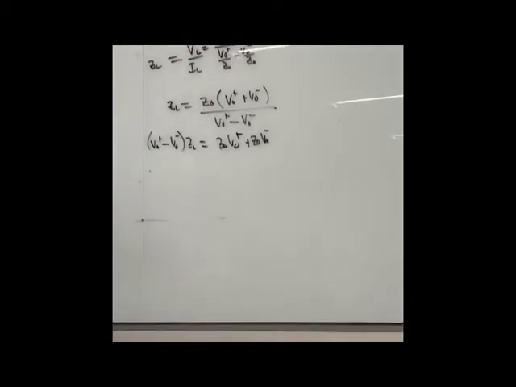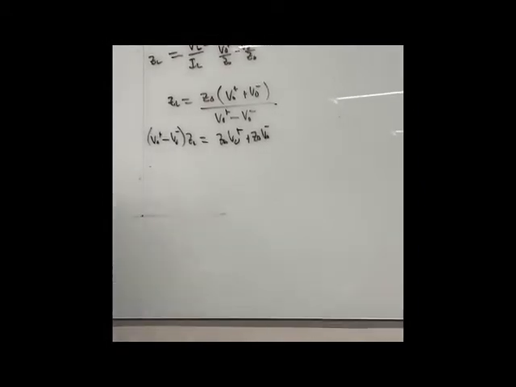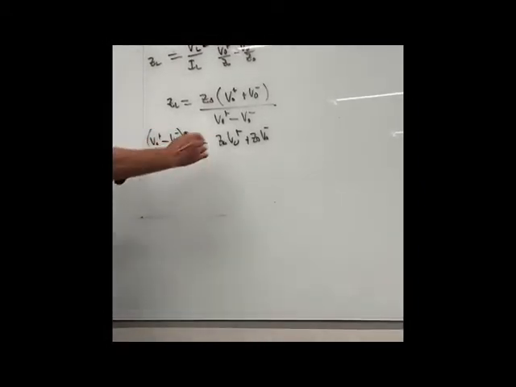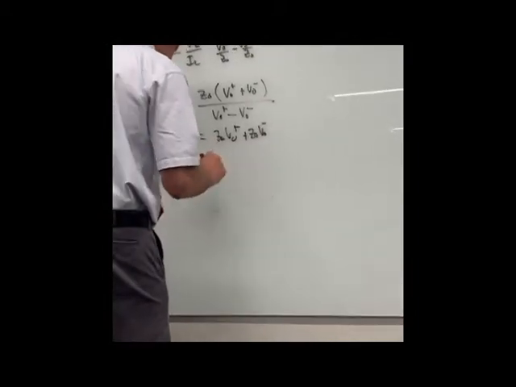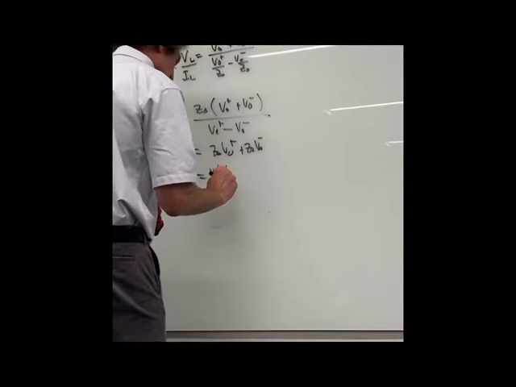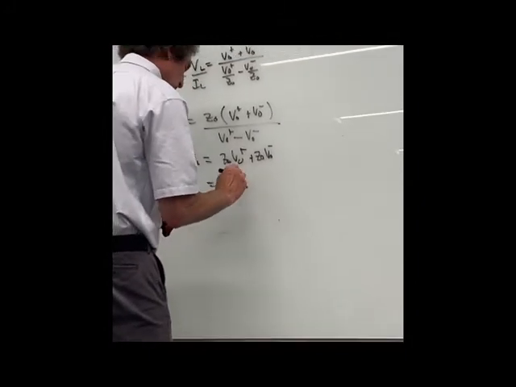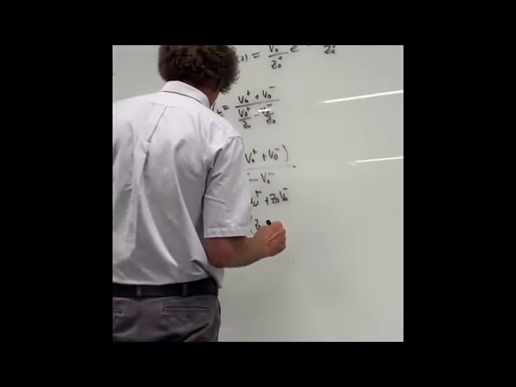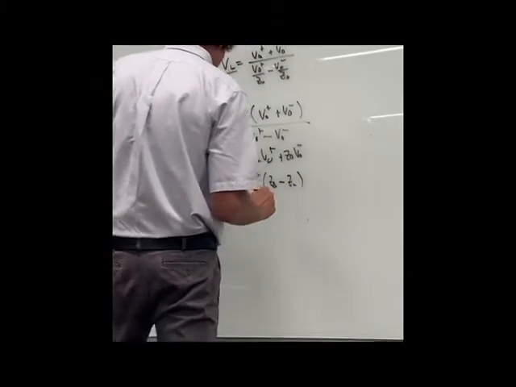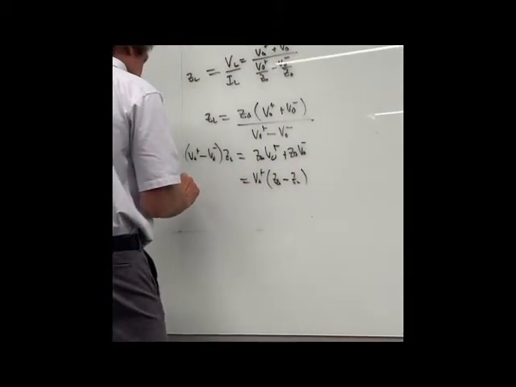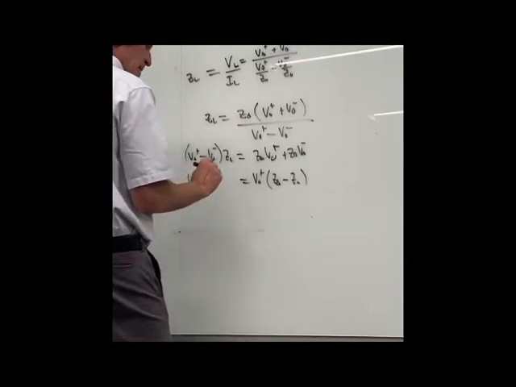And then I'll collect all the positives to one side. So I'm going to take V0 plus to that side and have V0 plus times Z naught minus ZL, and that's equal to V0 minus.